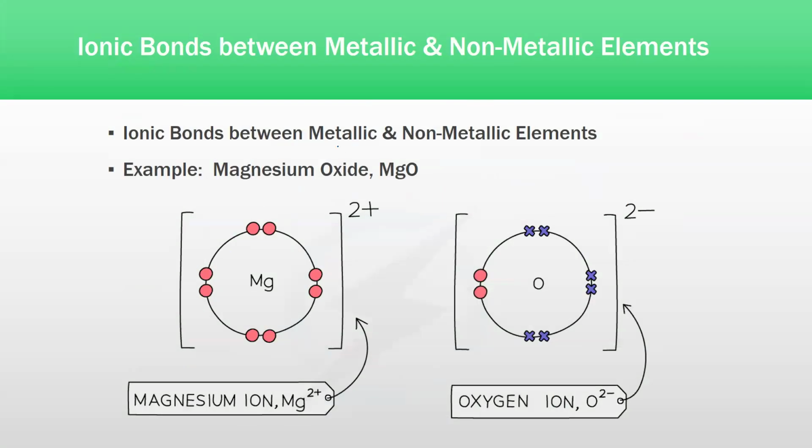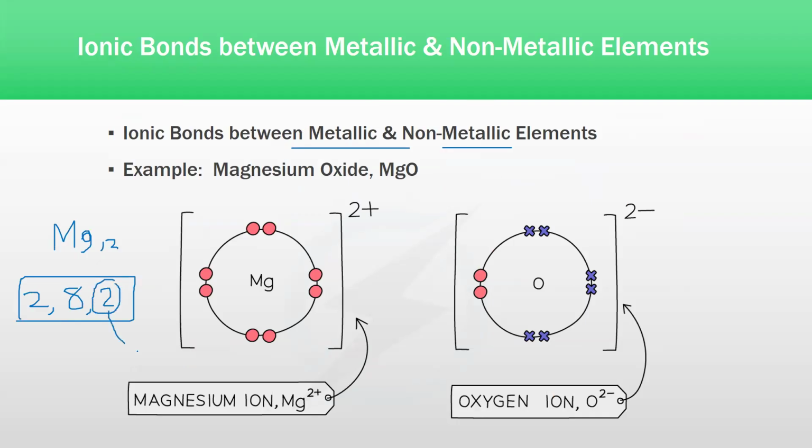So if we talk about another example, magnesium. Magnesium is 12, which is 2,8,2. Now what will happen? Two electrons will be lost by magnesium and they would be gained by oxygen.